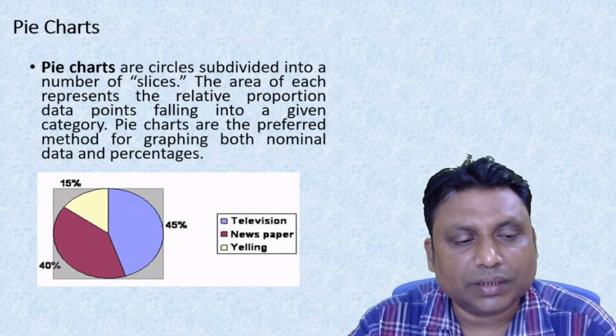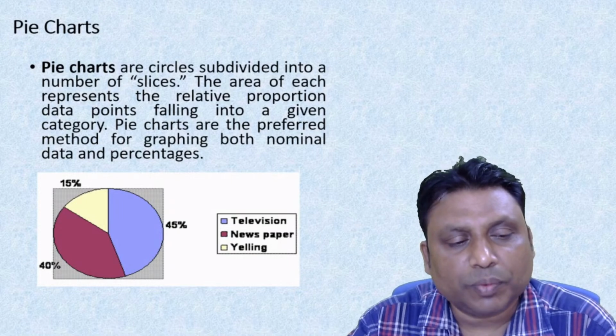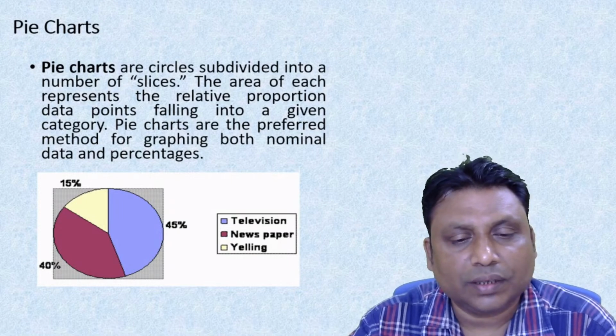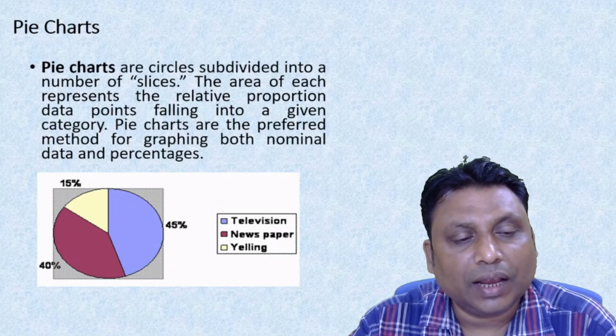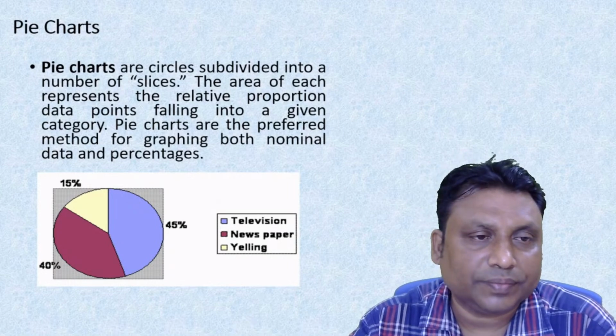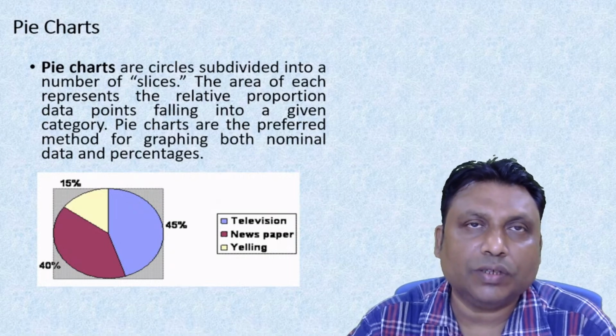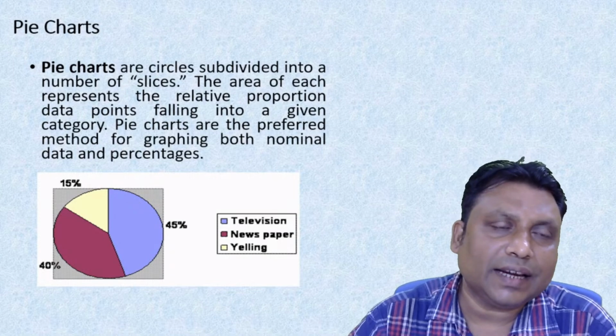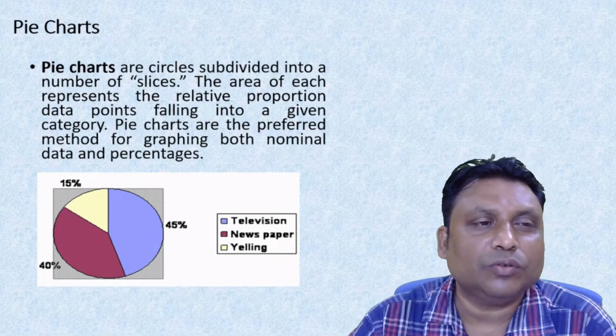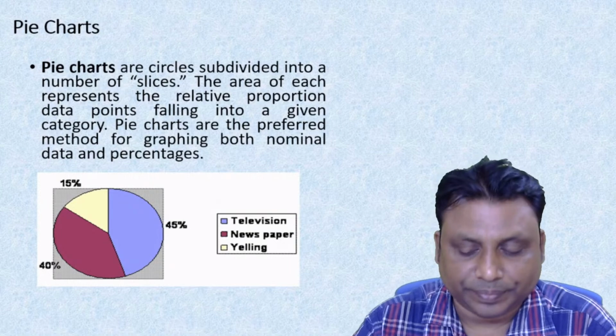Television is how many percent here? Television is 45%. Newspaper is how many percent? 40%. Electronics is how many percent? 50%. Because you can easily see the figure and draw your conclusion. Yes or no? So similarly, whichever chart you use in your research work, you can instantly find the solution of your data.